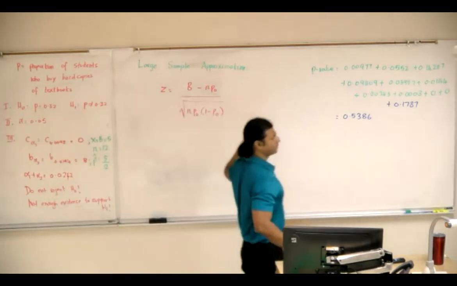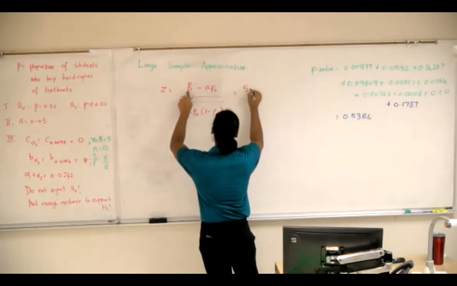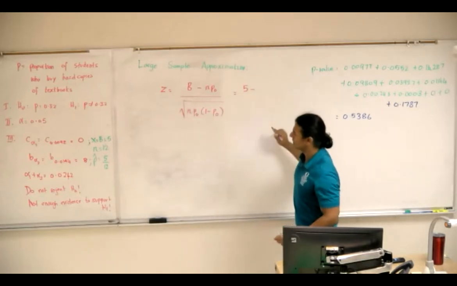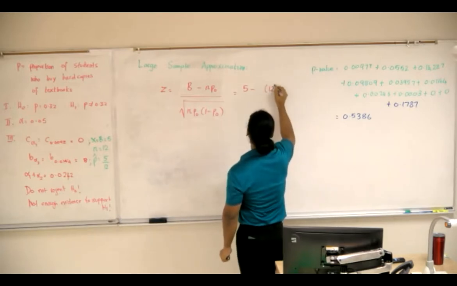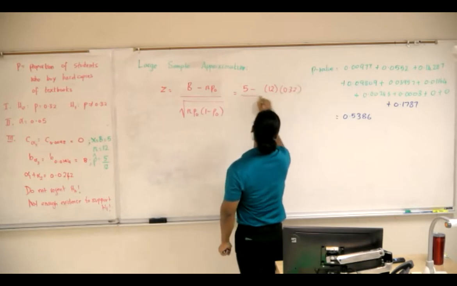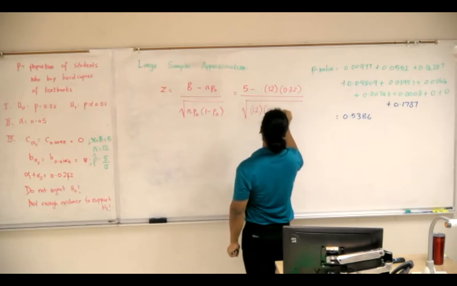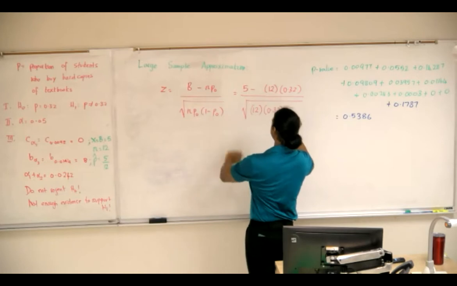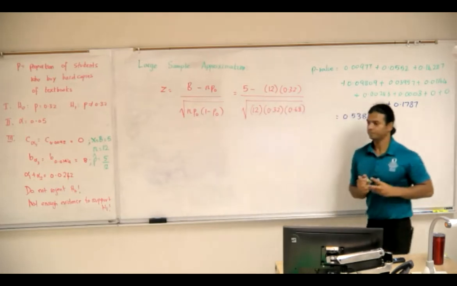We don't have to round in this case for B. So B is 5, N is 12, P naught is 0.32, divided by square root of 12 times 0.32 times 1 minus 0.32, which is 0.68.